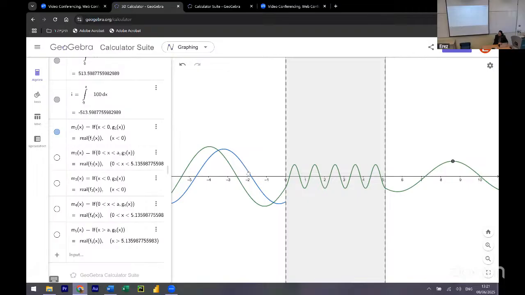Because when the light wave reaches the surface, it splits into two. Part of it moves forward, that's this part here, and part of it goes backwards. That's a mirror basically. That's how a mirror works.